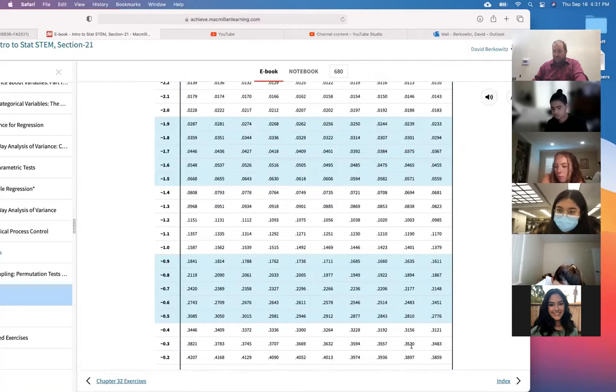Since we want the likelihood of being to the right of that number, what would I do? Subtract it from 1.